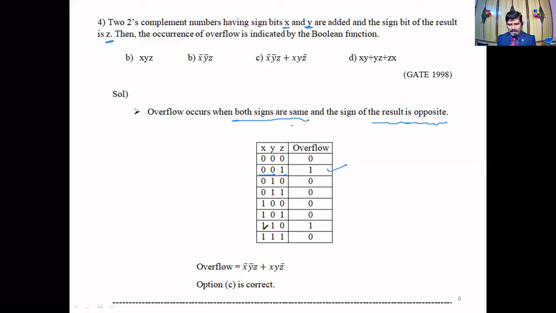The other condition is whenever both input numbers are negative, the sign of the result should be 1. If you get 0, that is a positive number, then overflow occurs. If you write this expression, it is x bar y bar z plus x y z bar. So here option C is correct.